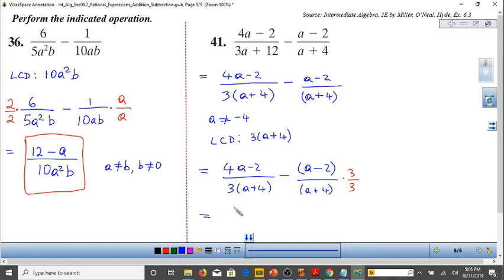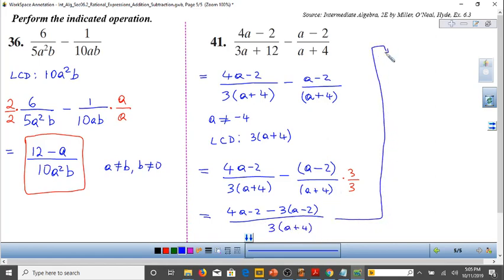So when I do that now, I have 4a minus 2 minus 3 times a minus 2, and the common denominator will be 3 times a plus 4. I will now distribute the parentheses and simplify the expression.